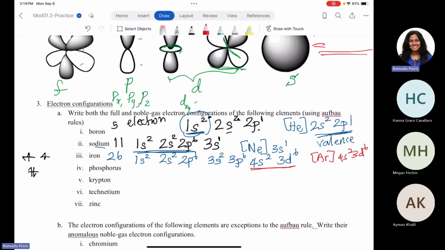Right. So like that, please try to write these electron configurations. Do you have any questions?